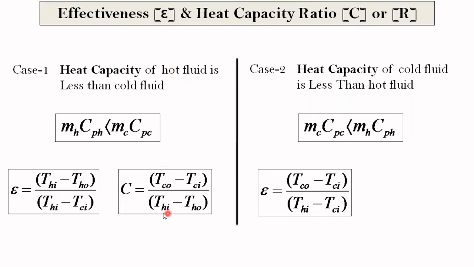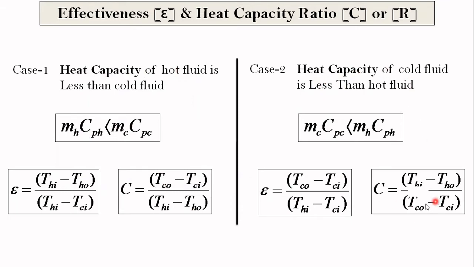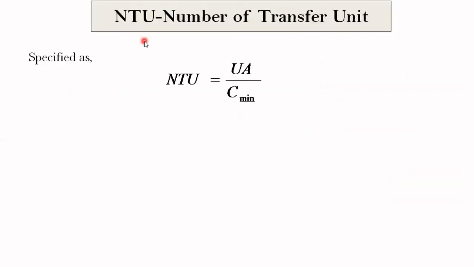So here the hot fluid's heat capacity is less, so write THI minus THO, and the other fluid's temperature difference goes in the numerator, so TCO minus TCI. In case 2, the heat capacity of the cold fluid is less, so write TCO minus TCI in the denominator, and the other fluid's temperature difference in the numerator, so THI minus THO. And the NTU, the number of transfer units, we can specify as UA by C minimum.